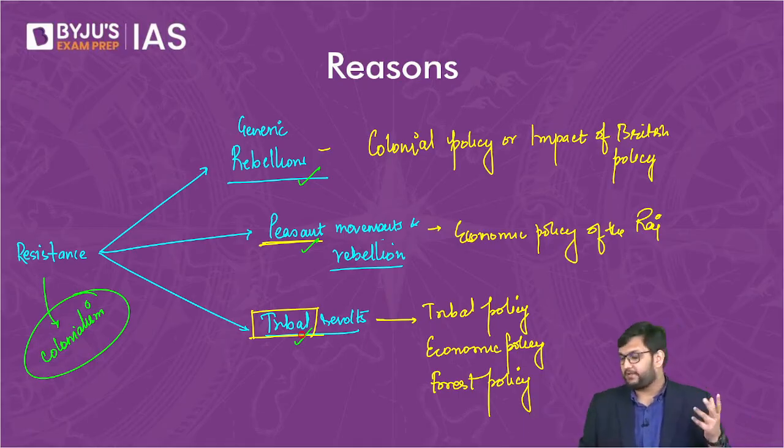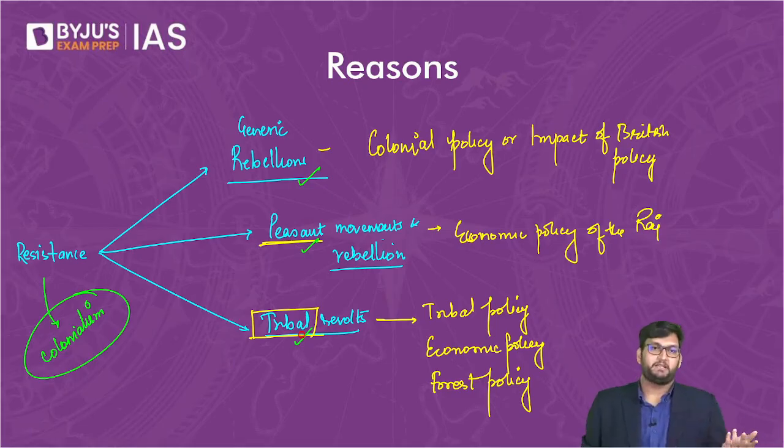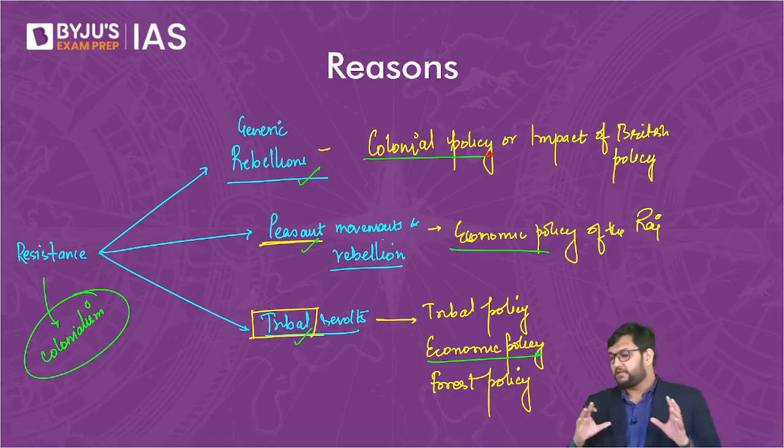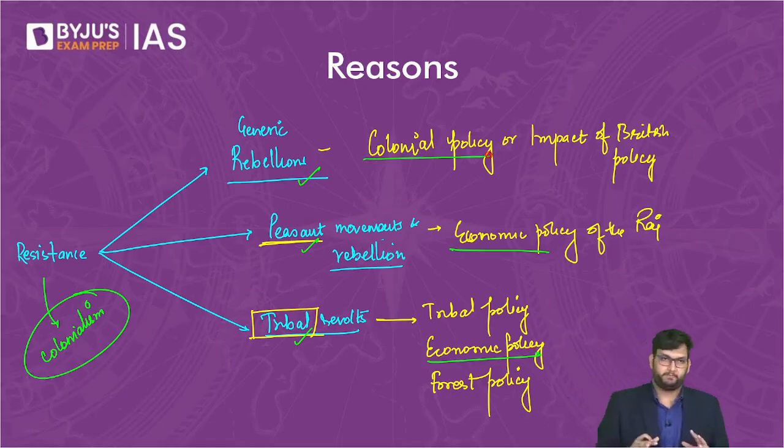Generic rebellions, for example, we'll start with Sannyasi, then peasant movements, for example Pabna or Deccan Riots, and tribal revolts, for example Munda. So the simple point is we have something common: economic policy, colonial policy. It is the impact of the British being here.